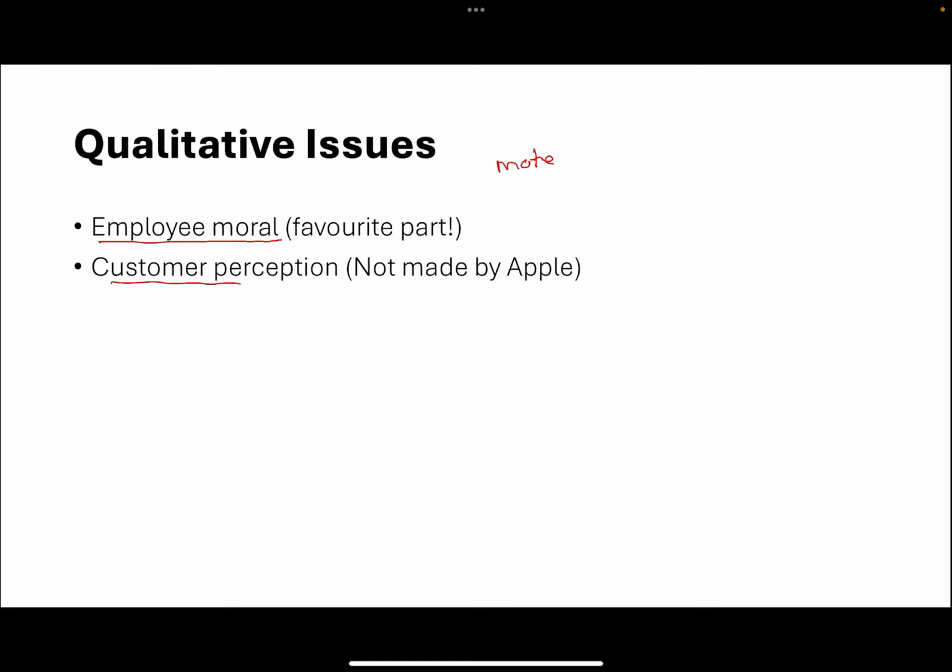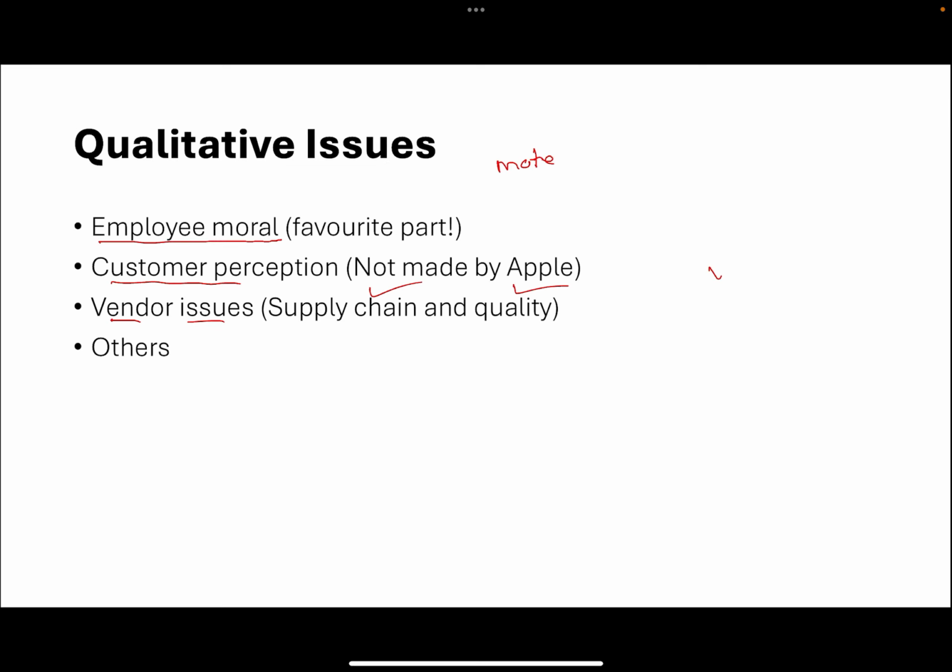But if the customer knows that Apple is procuring the battery from a third party manufacturer, this can affect the customer's perception about the company. Then there are the vendor issues. If you procure from outside, any disruption in the supply chain will directly impact you, and the quality cannot be guaranteed. So these are the important differences in the make or buy decision.